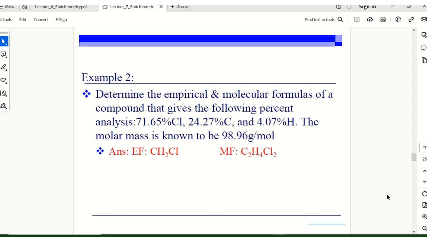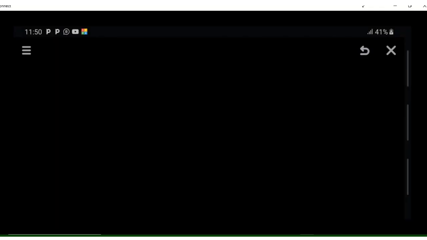The same process of finding the molecular formula is what we use, and at last you have the molar mass given, and the empirical formula mass you calculate on your own, but this one is always given. Let's do some calculations.